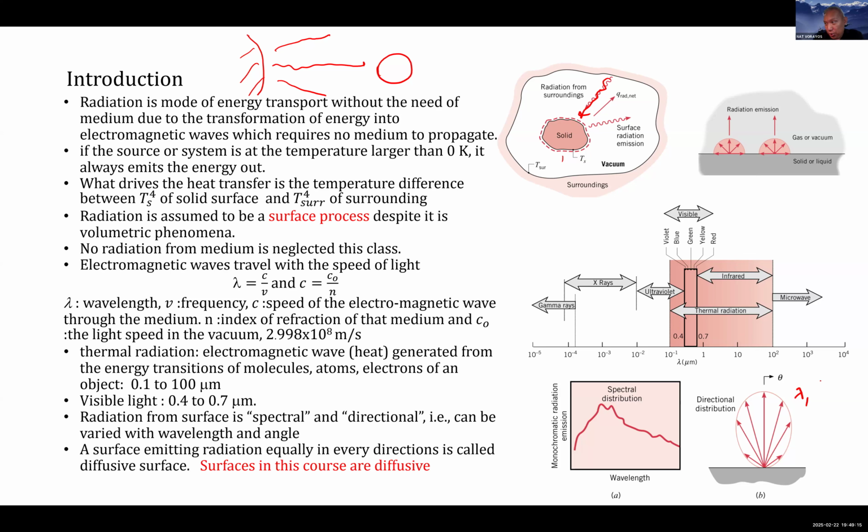But at lambda 2, it also emits energy, might be in this shape. That means radiation does not depend on the direction only, but also on wavelength. When the radiation depends on wavelength, we call it spectral.